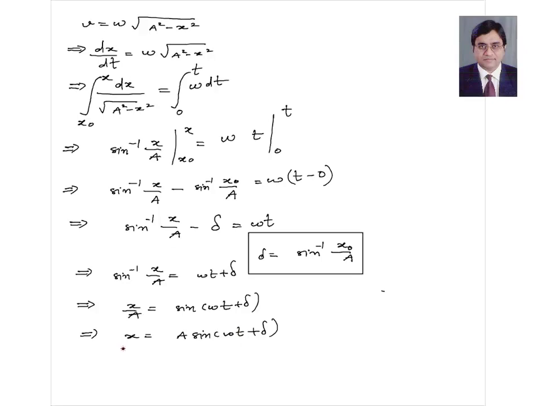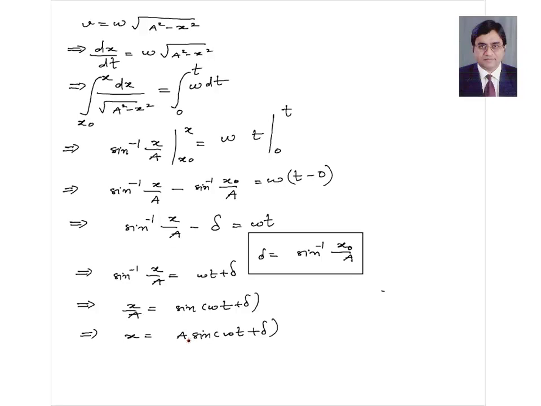As t changes, x changes. But you know the maximum value of sine is 1. So the maximum value of x is A. But what is the maximum value of x called? Amplitude.